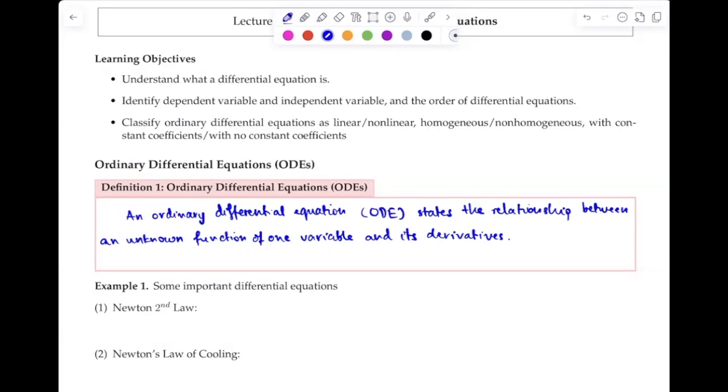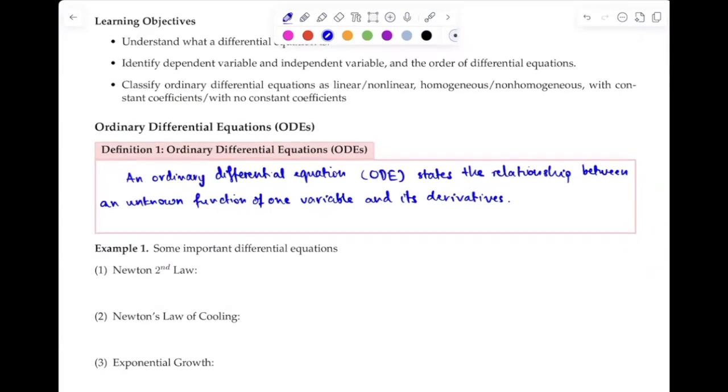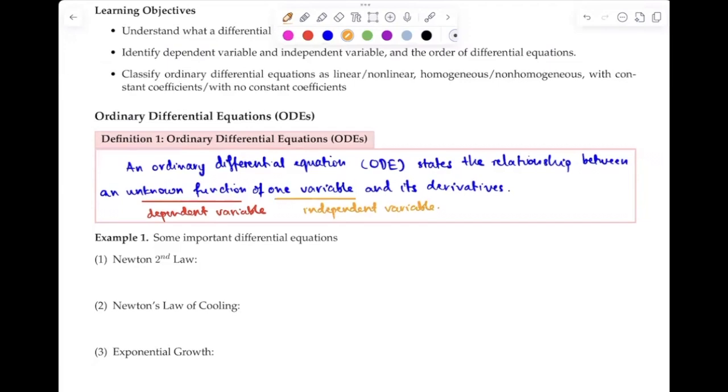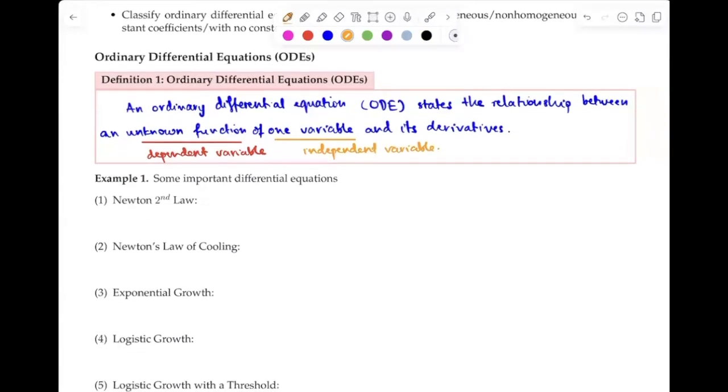In this case, the unknown function mentioned in this definition is the dependent variable, and the one variable mentioned here is called the independent variable. So when you look at an equation, if you have a derivative in your equation, that is basically a differential equation.